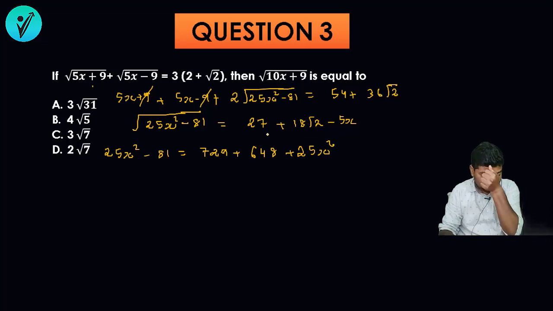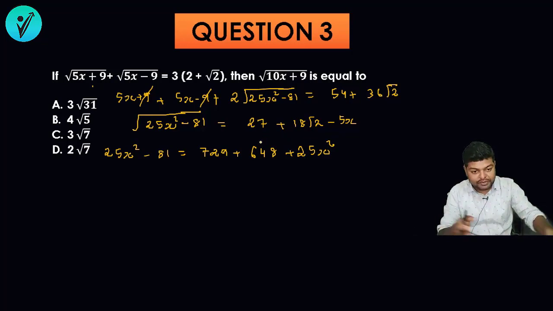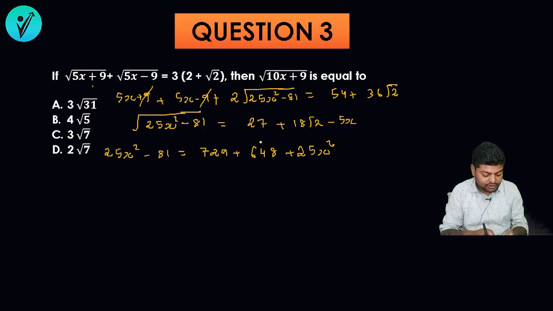Then 2 times of it. So 27 into 18, I need a calculator for it. You please don't use a calculator. Okay, you do it manually. So I need to multiply 27 into 18 into 2. So it's coming out as 2ab, right? So it will be 27 into 18 into root 2.